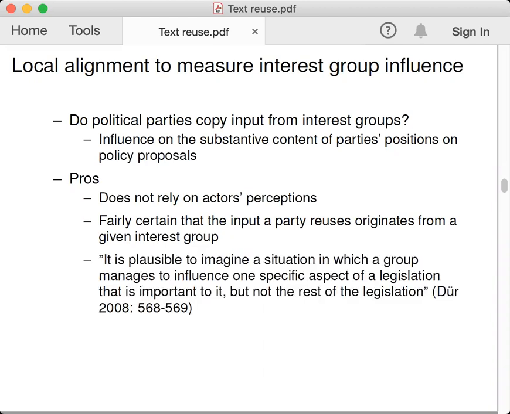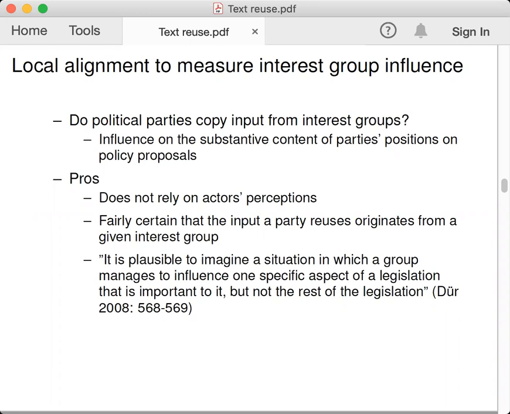Another common approach in the interest group influence measurement world is to look at overall similarity and see whether a party or a piece of legislation moves closer to the interest group's position, for instance.